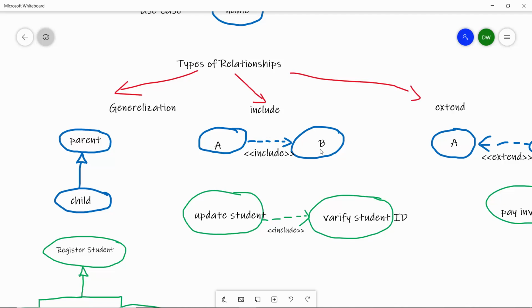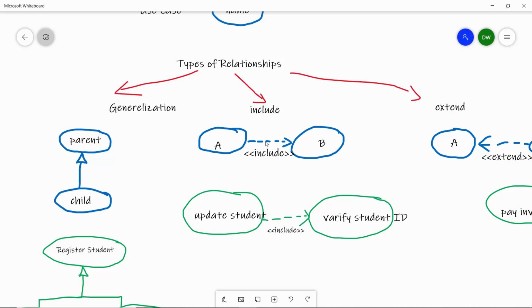Without completing activity B, you cannot complete activity A. So when you use an include relationship, always remember that we have a compulsory task to do, right?